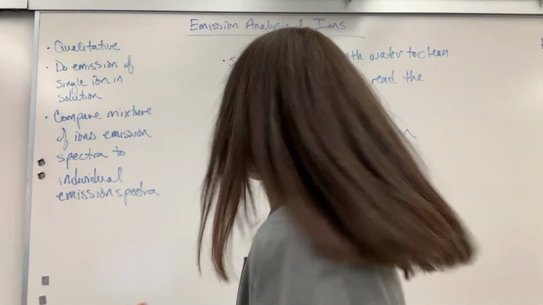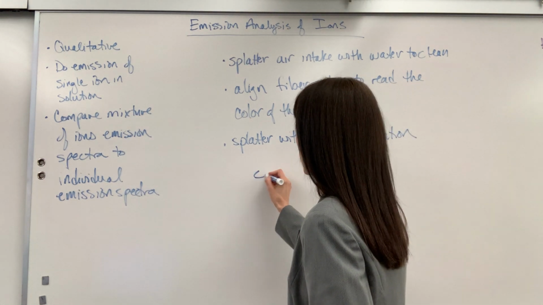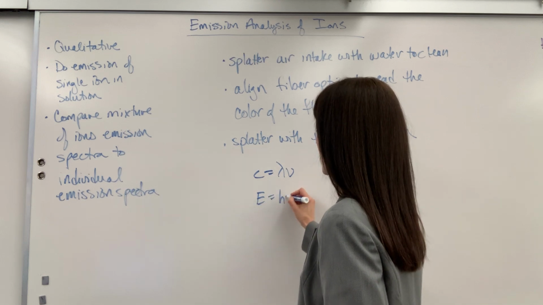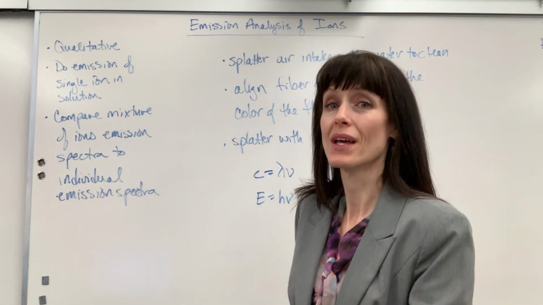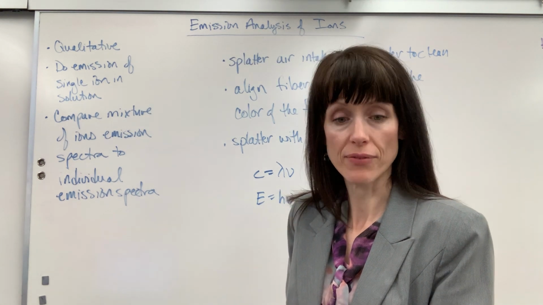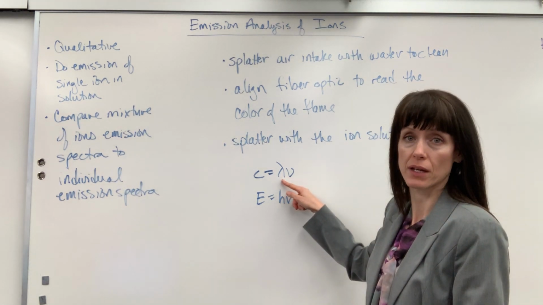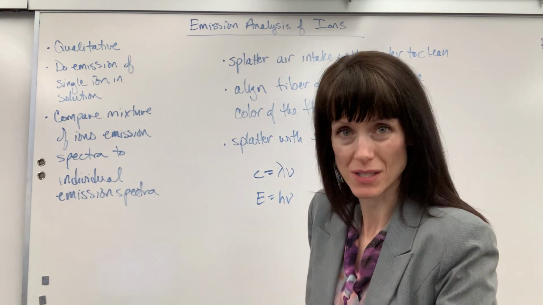Now, I am going to post for you underneath this video a couple of reminders. The c equals lambda times nu and E equals h times nu. Great follow-up questions are, they tell you the energy of the wavelengths, and you have to find the wavelengths right here. So it'll tell you energy, you find wavelengths, or you get this emission spectra.